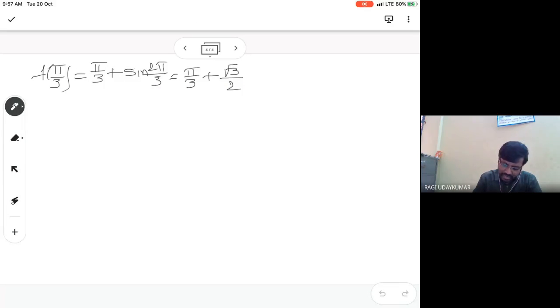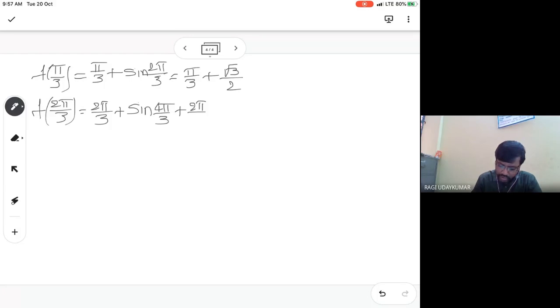Next, in the same way, substitute 2 pi by 3. The function value is 2 pi by 3 plus sine 4 pi by 3. Sine 4 pi by 3 is nothing but pi plus pi by 3, which will be in the third quadrant.